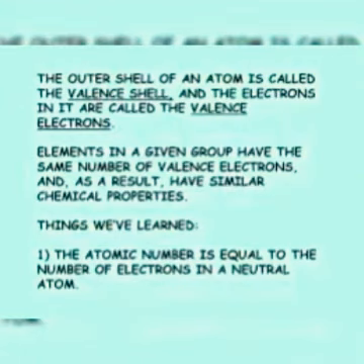You have already studied that the outer shell of an atom is called the valence shell and the electrons in it are called valence electrons. Elements in a given group have the same number of valence electrons and as a result they have similar chemical properties.